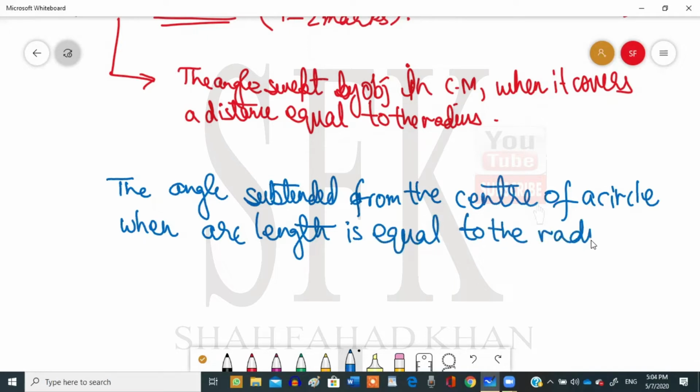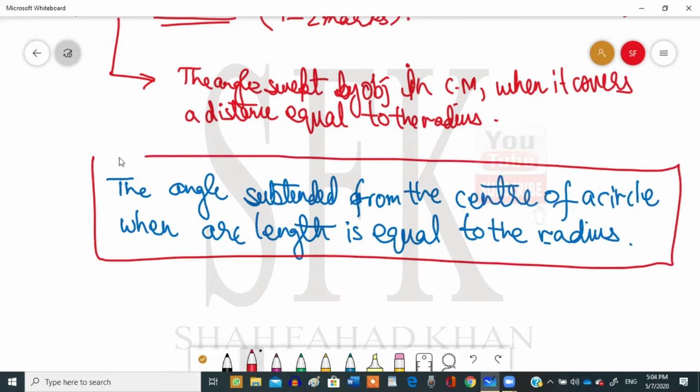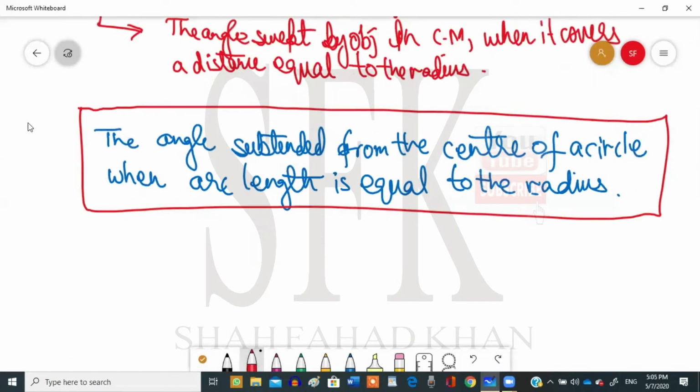So all the three definitions actually mean the same thing, and I would go with this definition. This is the best definition. So just learn this definition.